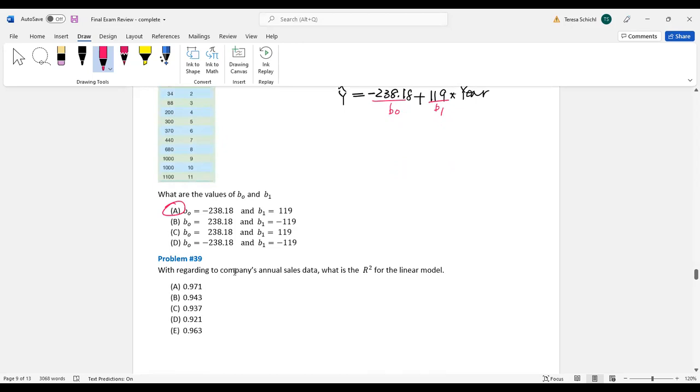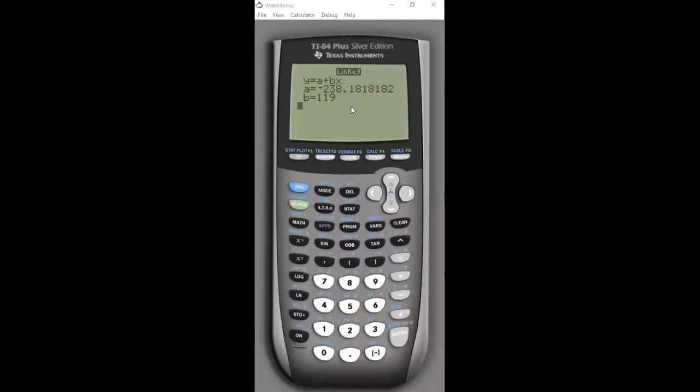Now in here we are asked to find the R squared. So let's go back to our TI-84 calculator. From here, they just give us these calculations, and they did not show us the R square.